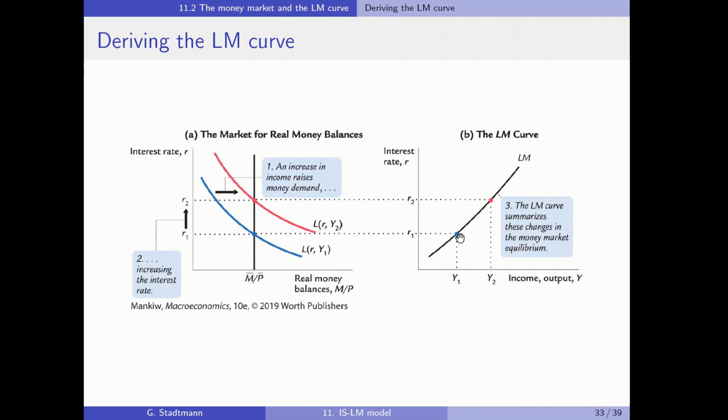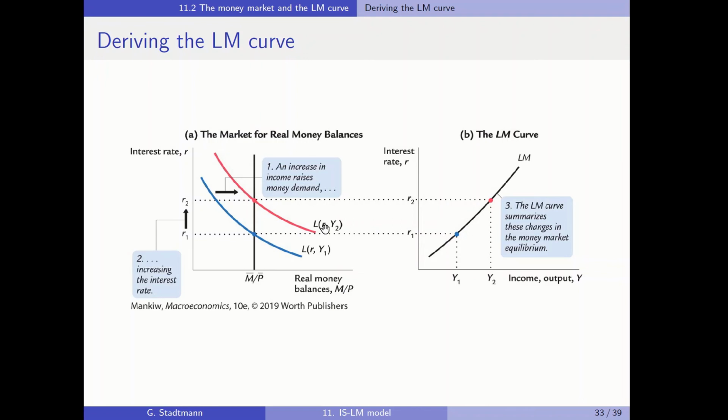Then we want to find out what happens if income increases. When income increases, this affects the money demand side. Money demand is higher than before, and therefore an increase in income raises money demand and shifts the money demand curve to the right.